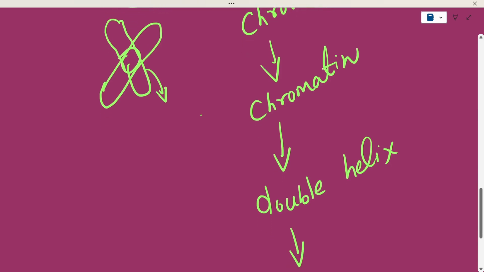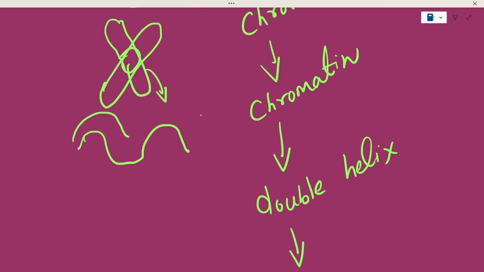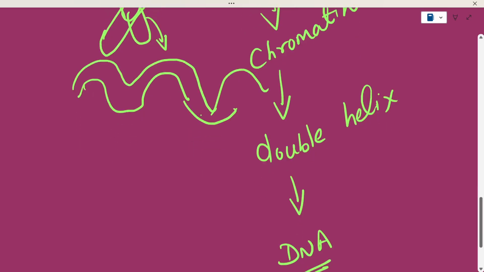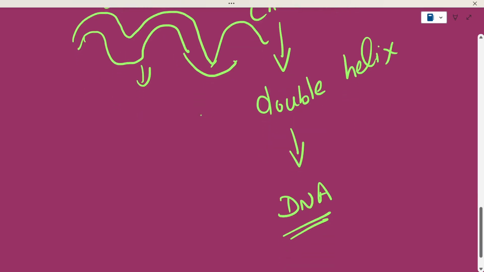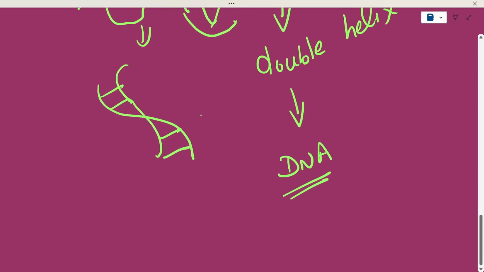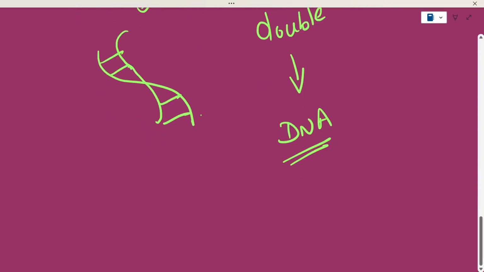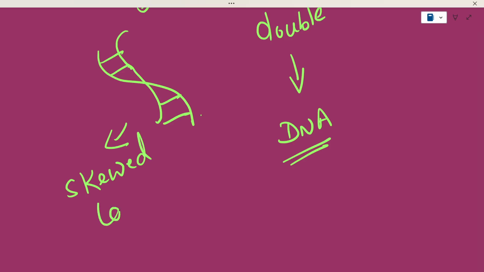Those peeled off layers will look like this structure. When you further peel them, you will get a double helix structure in this shape. And when you straighten this up, this double helix is nothing but a skewed ladder.